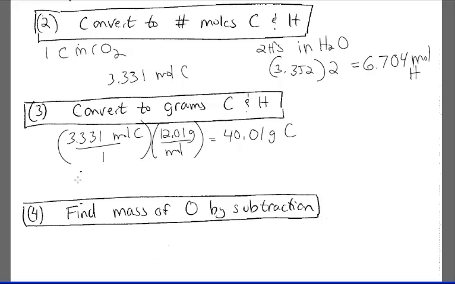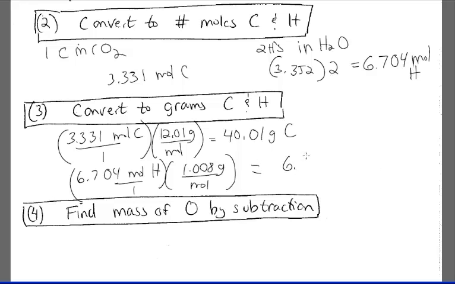All right, hydrogen, 6.704 moles of hydrogen atom times 1.008 grams per mole for hydrogen atom. And that gives us 6.758 grams of hydrogen.